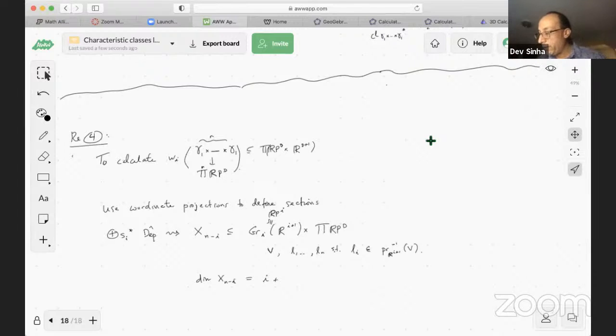So I have n lines, each of which is sitting in an RP^(D-1) in the fiber. In other words, I'm using the fact that X_(n-i) sits over the Grassmannian with fiber a product of RP^(D-1). From that, the dimension result that I just said is immediate.